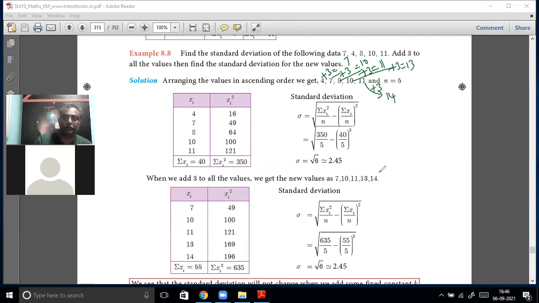So the new values are 7, 10, 11, 13, 14. You put all these new values here.